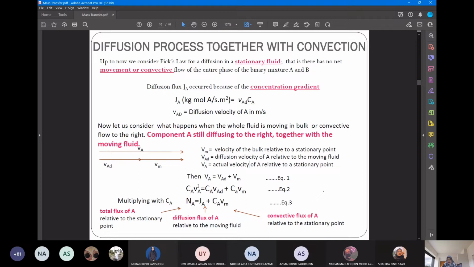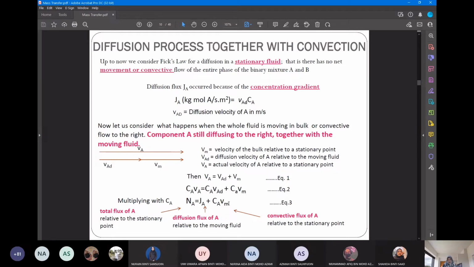If you multiply each component or each vector that you have here with a scalar, concentration is a scalar, velocity is a vector, you multiply each item. So this is what you get. CAVAD is JA, so you can represent JA here. And CAVM is the convective flux.